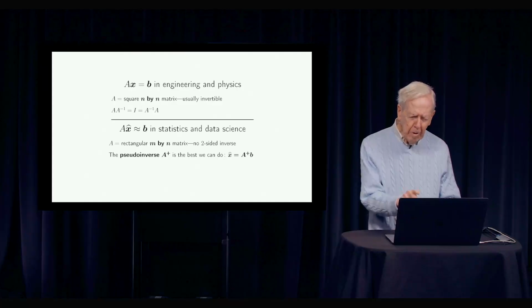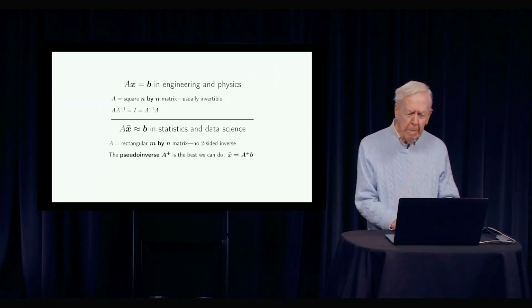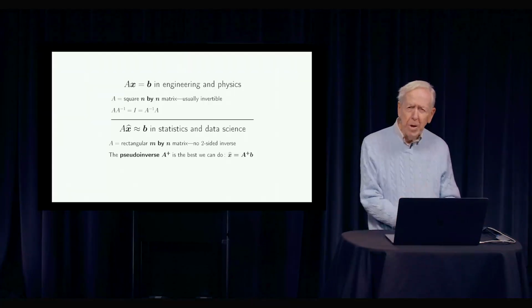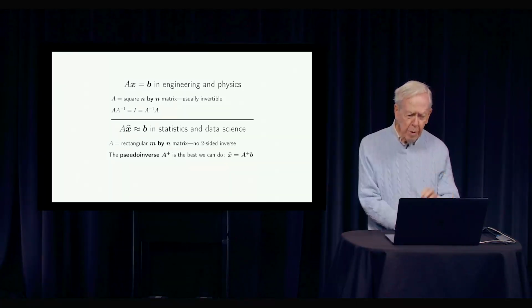Here is more statistics, like regression, like least squares, and data science now, so many applications. So I thought data science is so big that it would be worth focusing again on this case where A is a rectangular matrix.